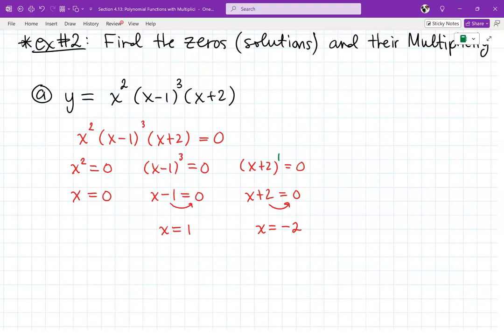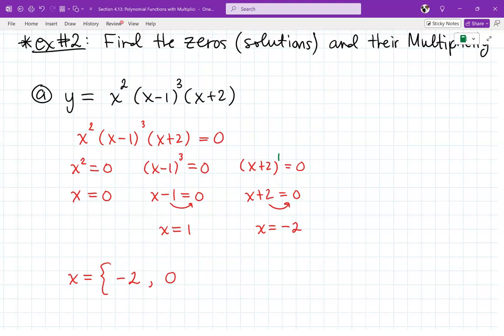Okay? So, here's how you write it. I'll start in numerical order. -2. Well, that has multiplicity of 1. Remember, we don't mention that. So I'm just going to write -2. If it's just a multiplicity of 1, don't worry about it. Just write -2. All right, then 0 would be next. How many times did that one happen?